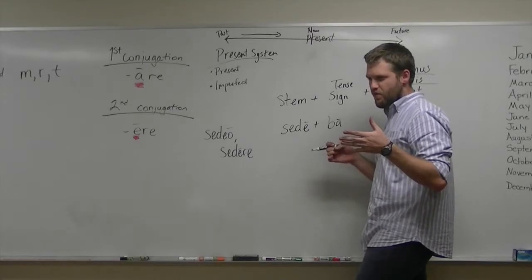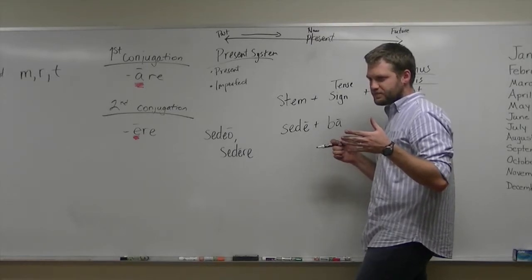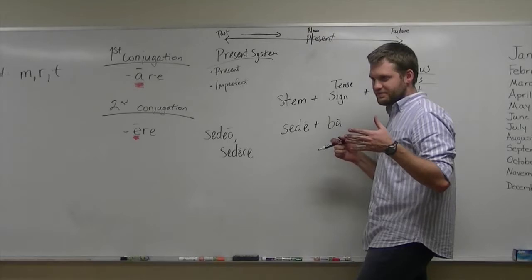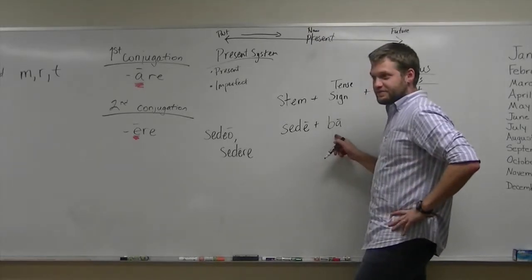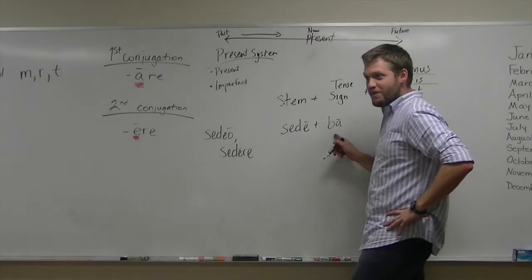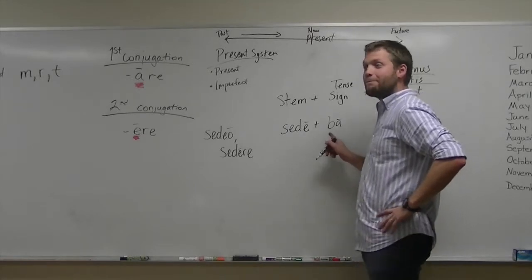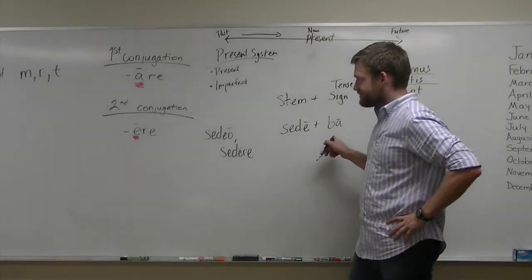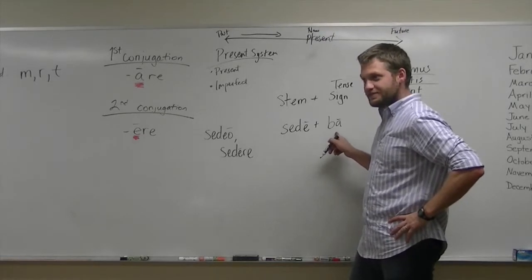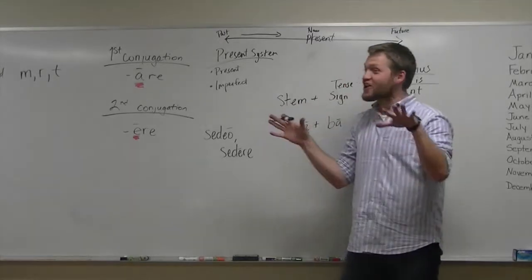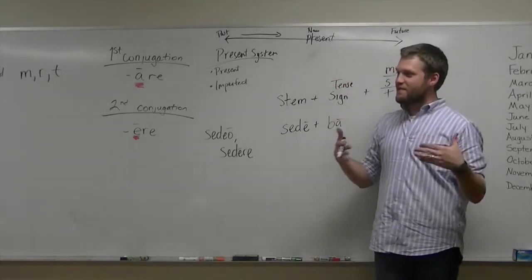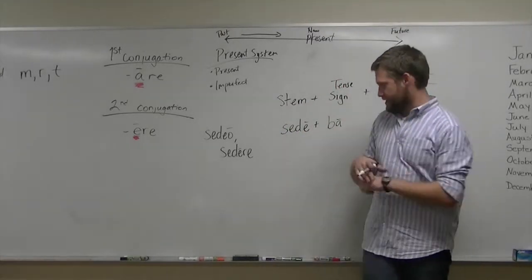Jay, what do you think that means? Tense sign is just saying that it's in the past. Yeah, what does that ba tell me when I see that ba at the end? It's indicative of something being imperfect. Yeah, that's right. That's all it is. So ba tells me that my verb's imperfect.